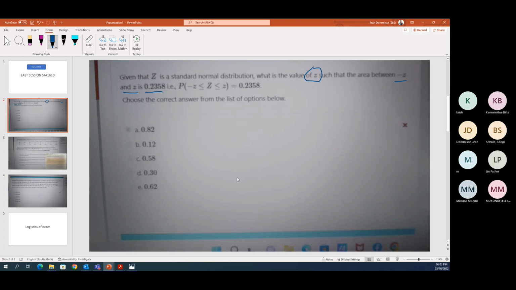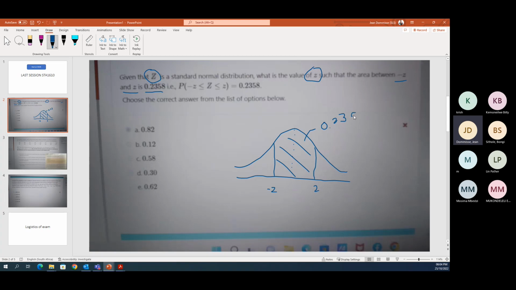So basically, what we need to work out, and they say Z, so it might be again that some of you will have a negative in your exam, some will have a positive, but what they are telling us is this part is 0,2358.